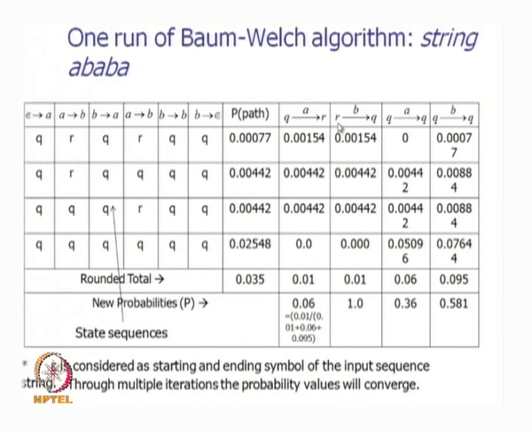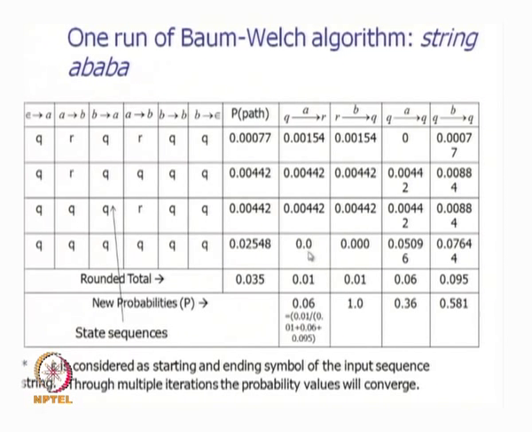Similarly, we can find the expected count of R to Q on B as 0.01, then Q to Q on A as 0.06, Q to Q on B as 0.095. So, these expected counts of various patterns have been found corresponding to this observation sequence.